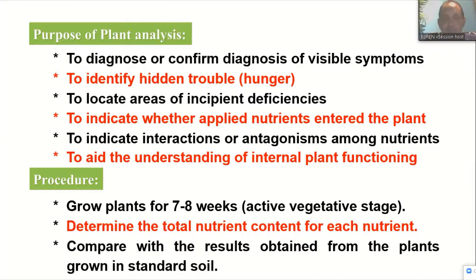Standard soil means there should be all nutrients in standard condition. After comparing these two results, in actual soil and in standard soil, we can say some nutrients are in shortage, or some nutrients are in excess, or some nutrients are in adequate condition.